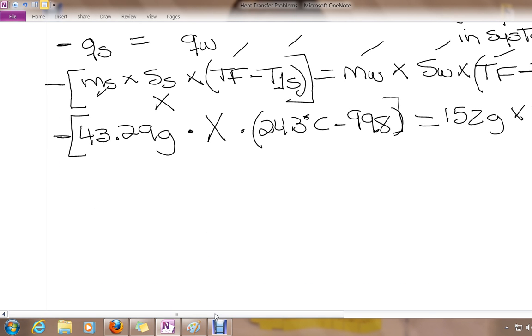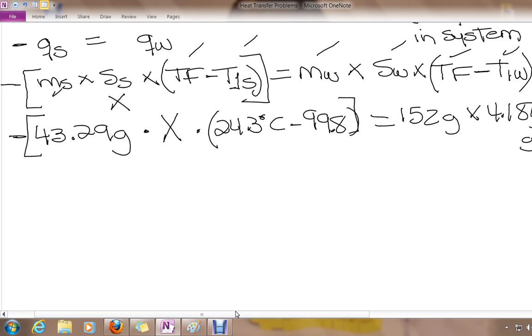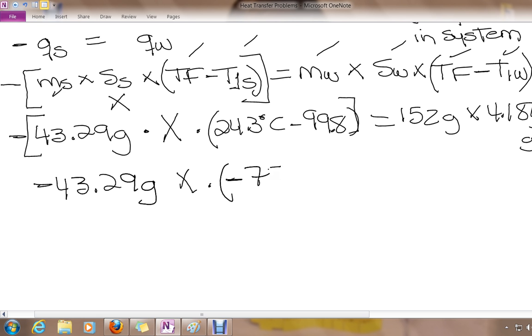So let's start solving this. Minus 43.29. Let's go ahead and solve this parenthesis first. So 24.3 minus 99.8 gives me minus 75.5. So we got minus 43.29 grams times X, multiplied by minus, because this difference is minus 75.5 degrees Celsius.